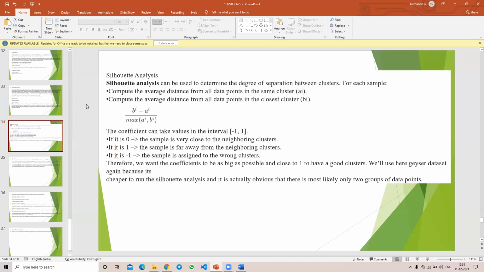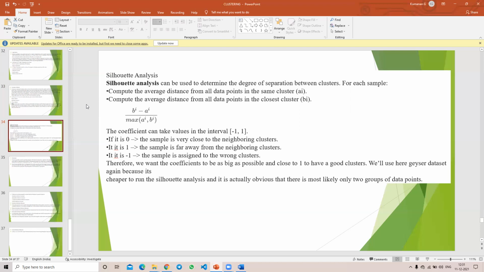Silhouette analysis can be used to determine the degree of separation between clusters for each sample. Compute the average distance from all data points in the same cluster.